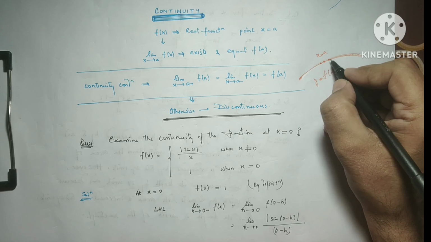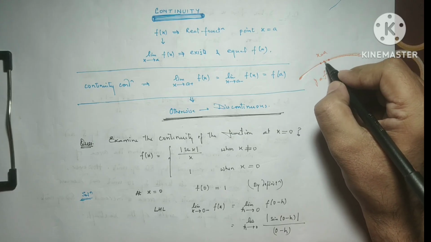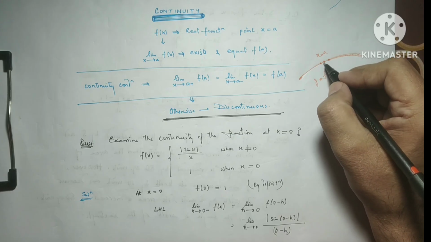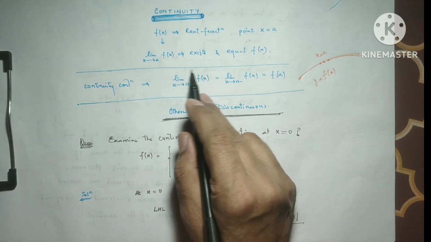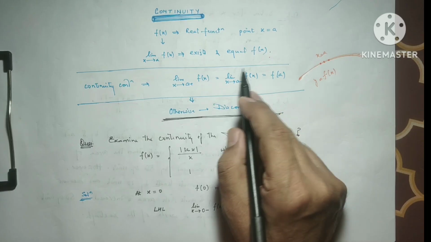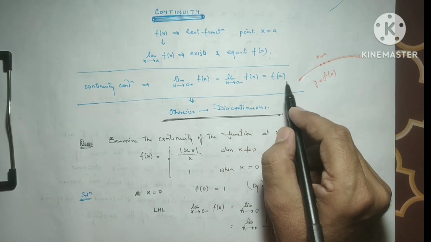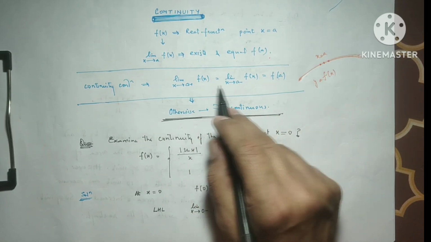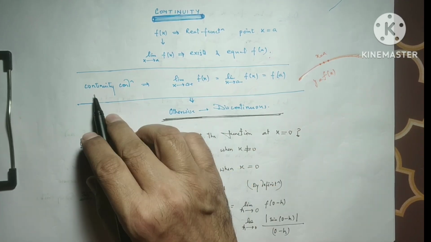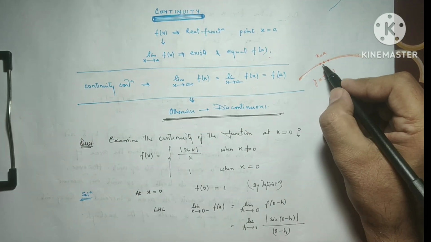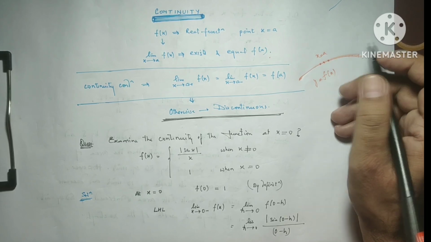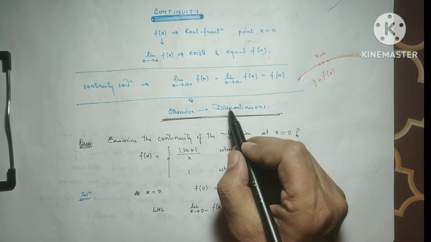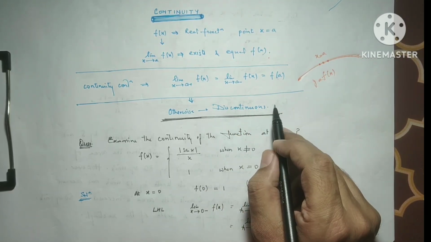If on these neighboring points the function gives the same value, like the right hand limit of this function, the left hand limit of this function, and the value of the function at that point are equal, then this is the continuity condition. That means the curve is continuous, it's connected. So we can say there is no break, means it is not discontinuous.